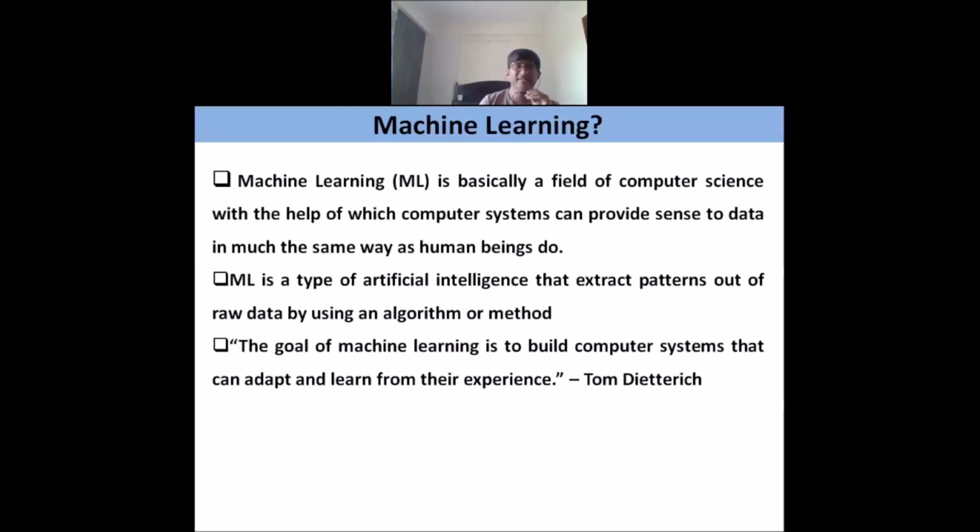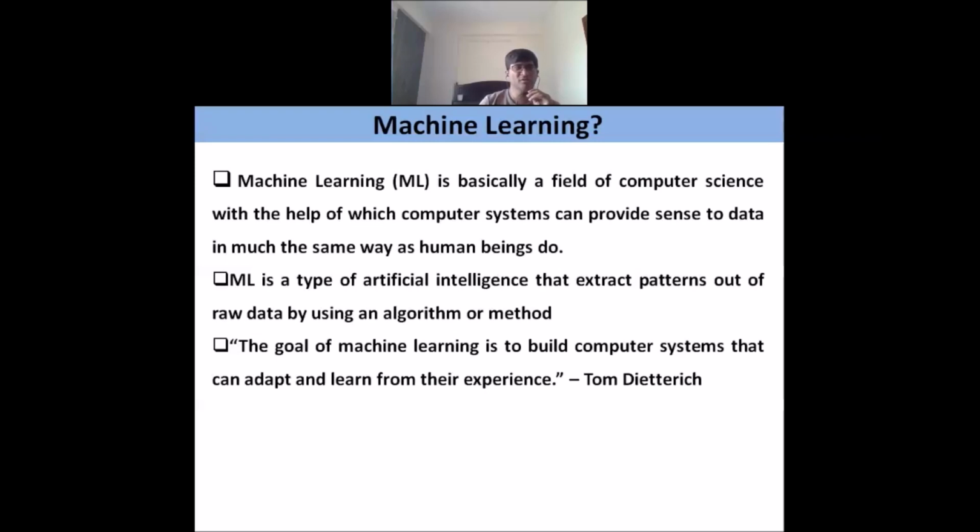When we say adapt, it means that whatever learning I have achieved is never fixed in nature. We keep on incrementing that learning. The more input comes in, the more we keep updating that learning, right? So that learning is always adaptive in nature. It is not static. It is always a dynamic mode of learning.